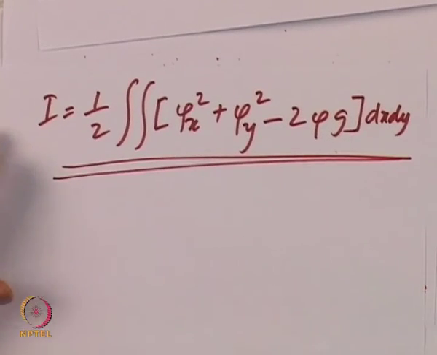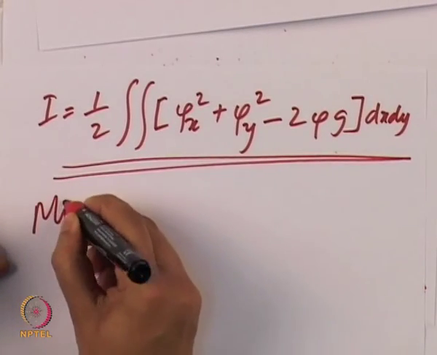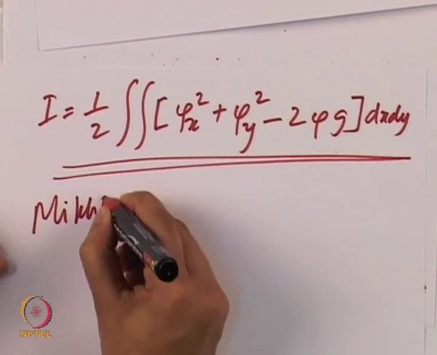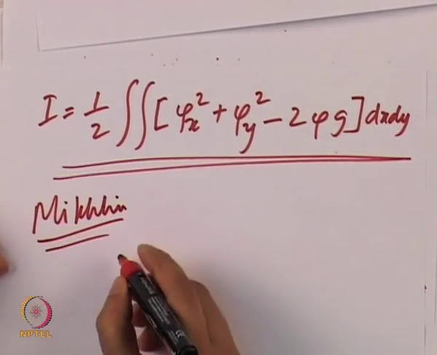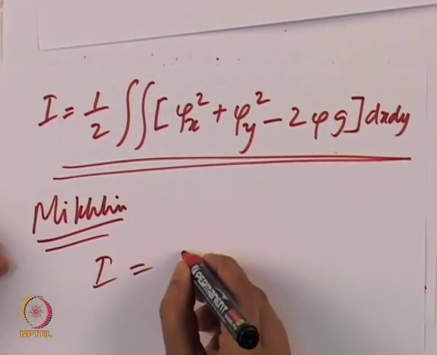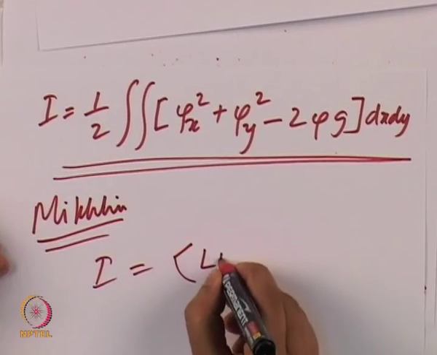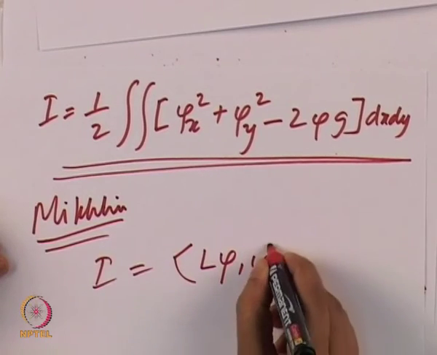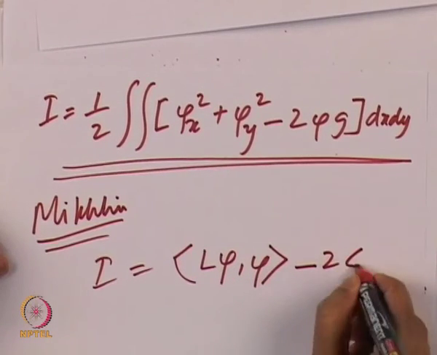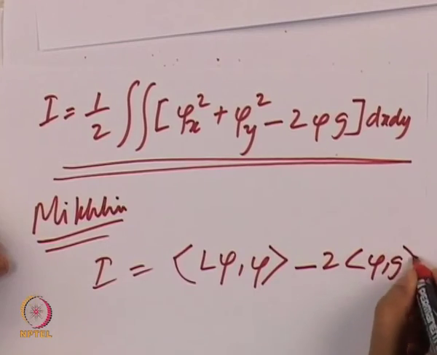Remember, in the initial case when we talked about the work of Michelin, which gave us the expression of I as, comma phi minus 2, comma g.